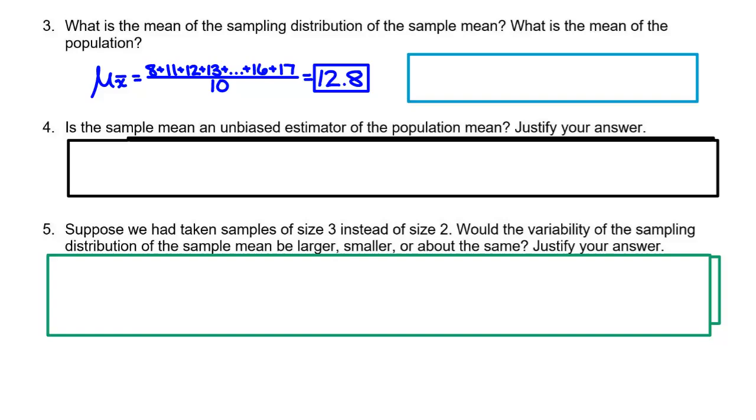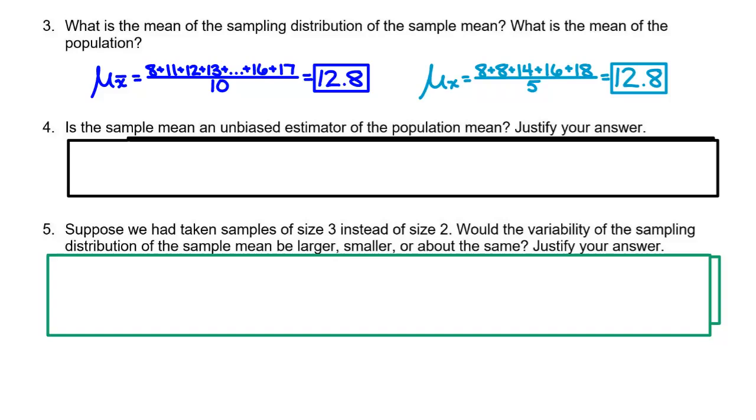What do you get? 12.8. So this first average is the mean of X bar. This is our sampling distribution average. This one over here is my population average. This is the mean of X versus the mean of X bar.